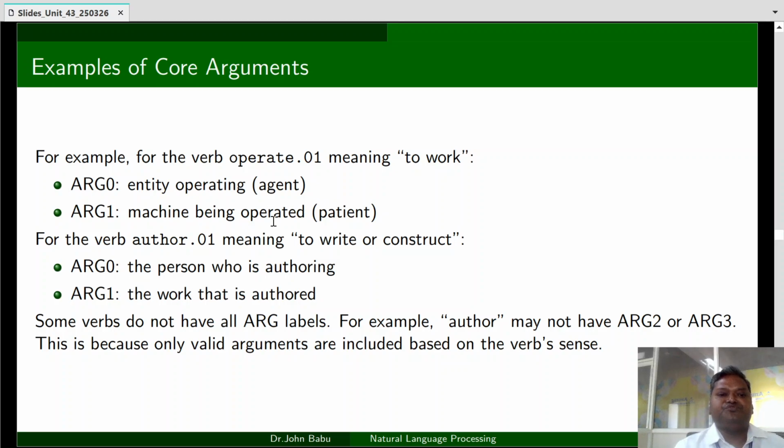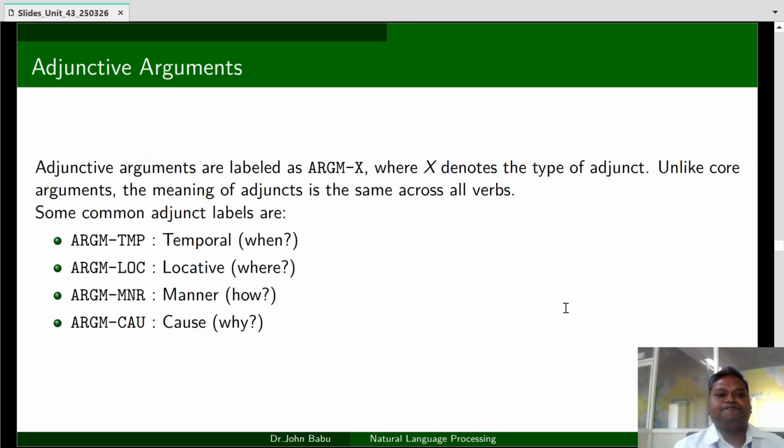For example, the verb author means writing. So Arg0 is the person who is authoring or writing, and Arg2 is what he is authoring. Some words may not have all the Arg labels, but Arg0 and Arg1 will be compulsory. They may not have Arg2, Arg3, Arg4, and so on.